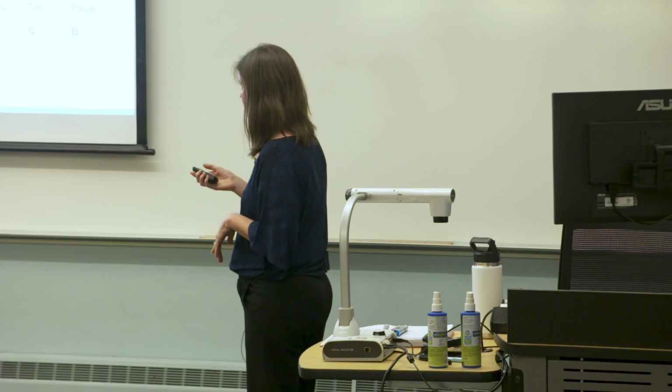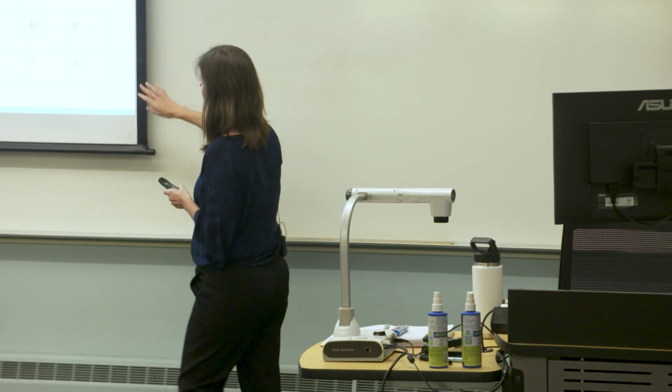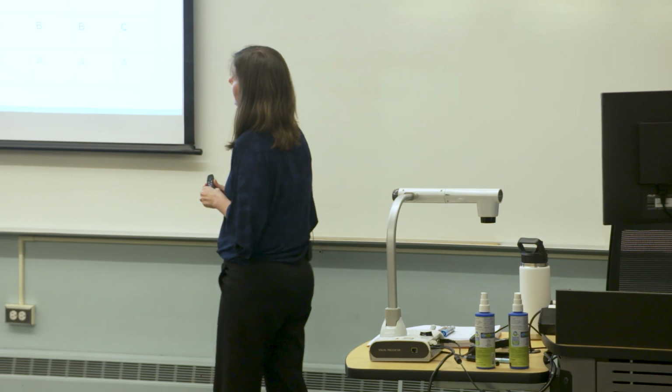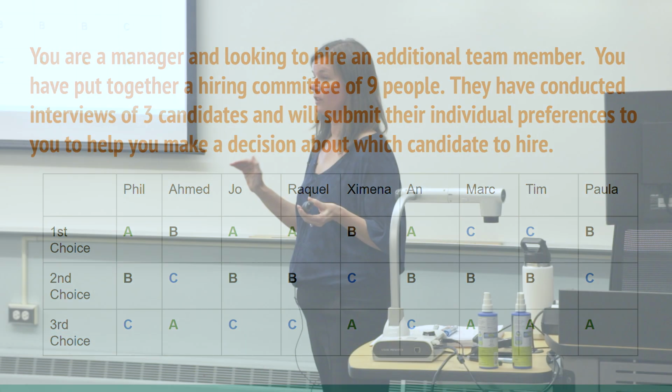The other thing I wanted to point out here is, if you are Mark and you know that candidate C is not that popular, and all you're doing is submitting your first choice, what would probably be a better way for you to vote? If you're just submitting your first choice.